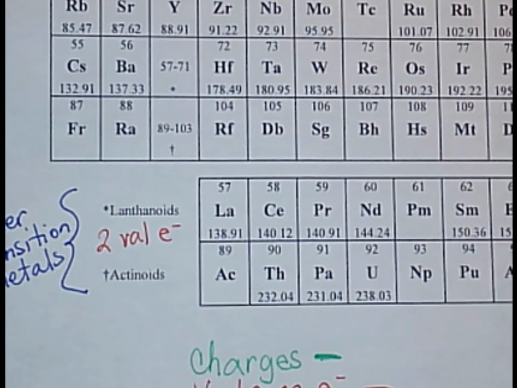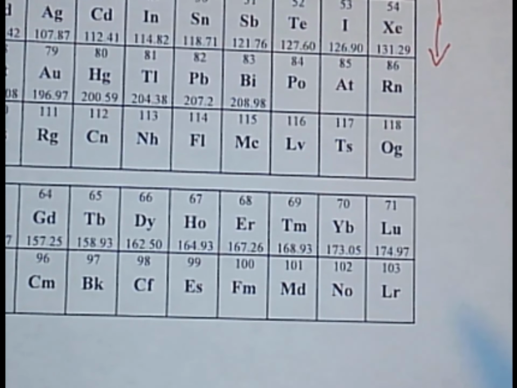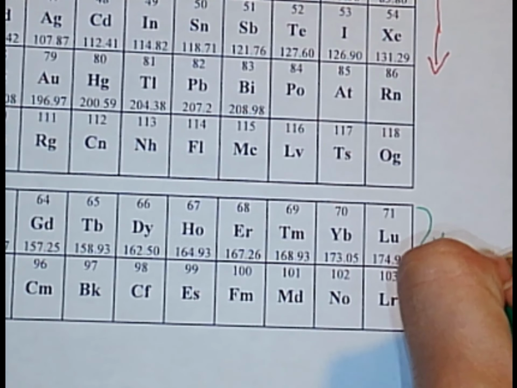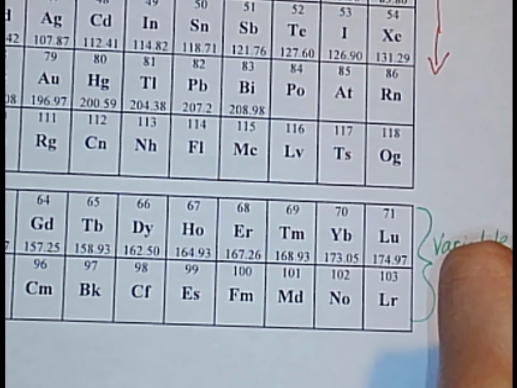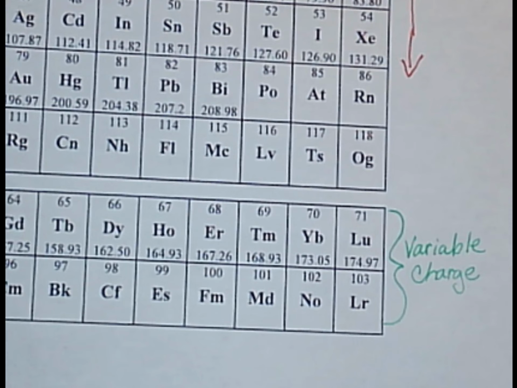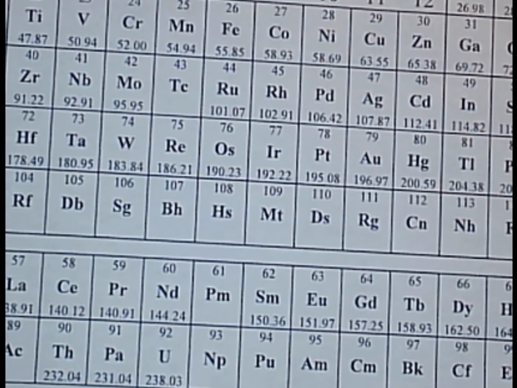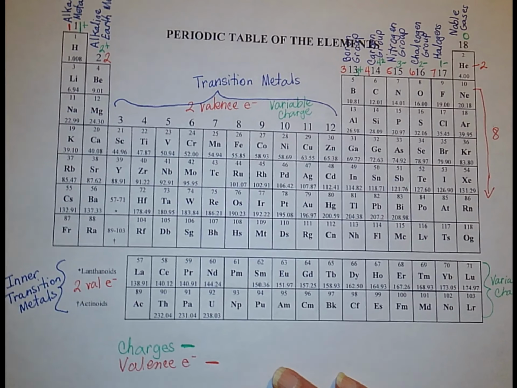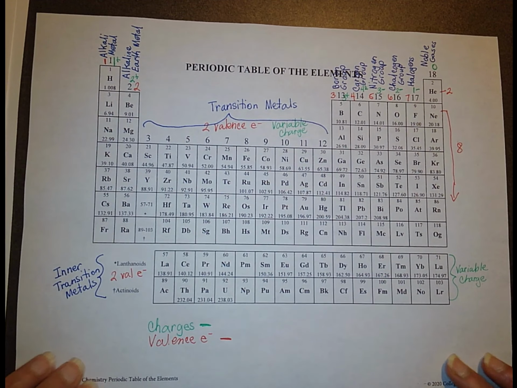And then your inner transition metals right here, we're going to write on the other side, also have a variable charge. Okay, they also have a variable charge. So really, this is your periodic table that you have. Let me zoom out again. Okay, and this is how your periodic table should look.